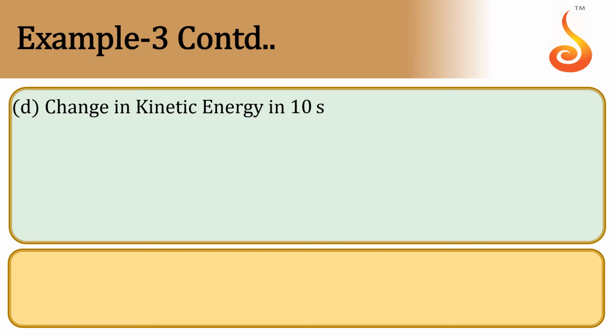So the body of mass 2 kg, which is initially at rest, is placed on the rough horizontal surface, and the coefficient of kinetic friction is given, which is 0.1. The initial velocity is 0, and a constant force F of 7 Newton is applied on it.